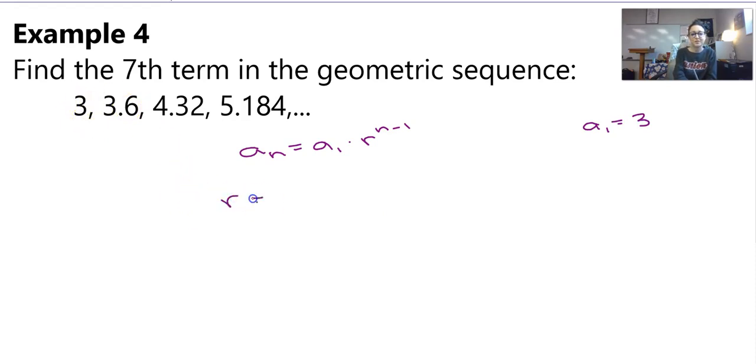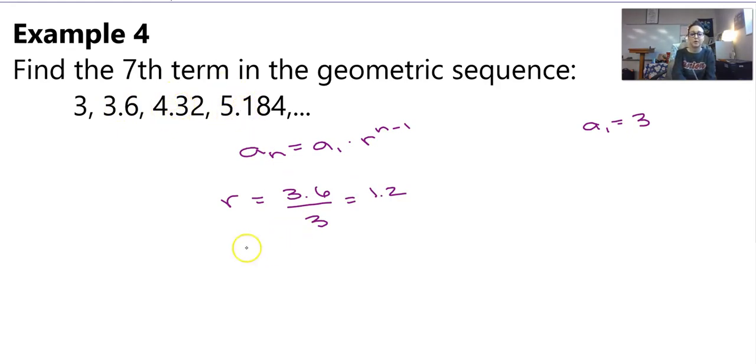So to find r, you can always take one term divided by the previous term. And if you do 3.6 divided by 3, you get 1.2. And you can verify if you take 3.6 times 1.2, you're going to get 4.32. Take 4.32 times 1.2, you should get this 5.184.